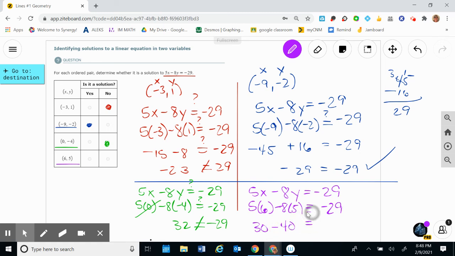Does that equal -29? You can probably tell right now it's no, because that's -10. It does not equal -29. So the answer is no.